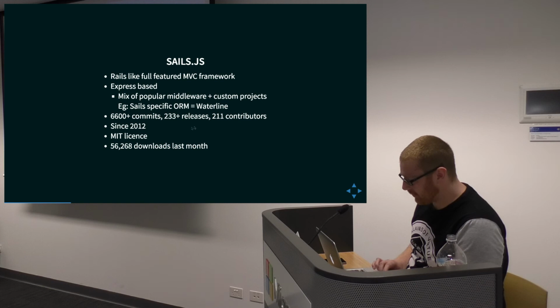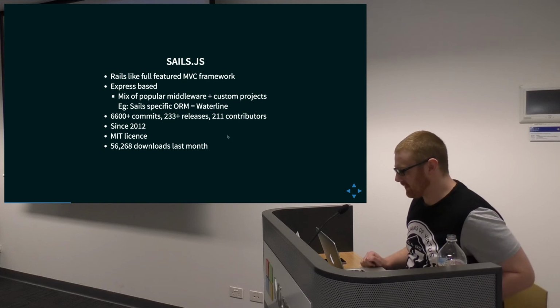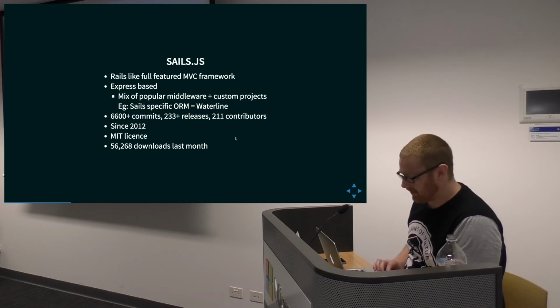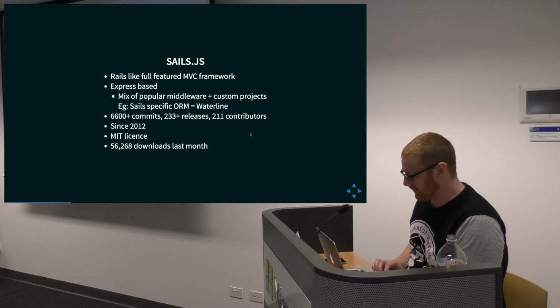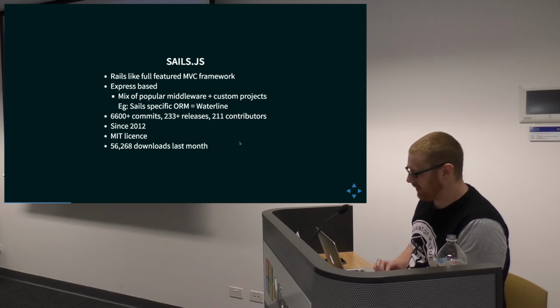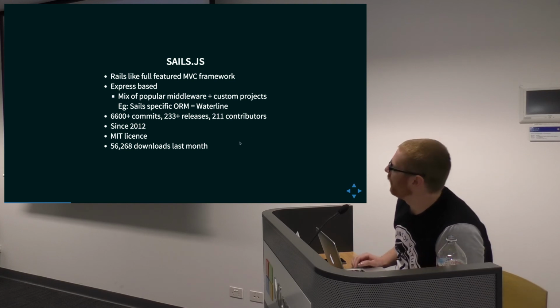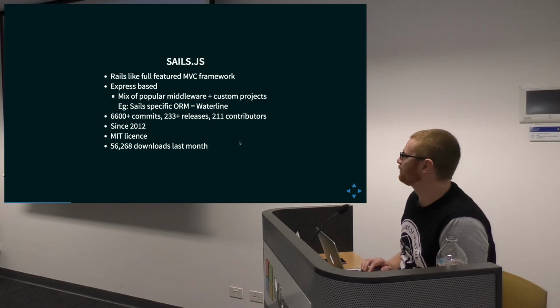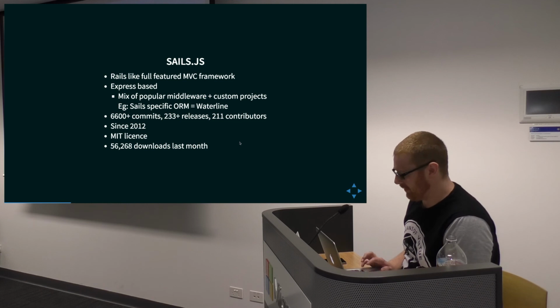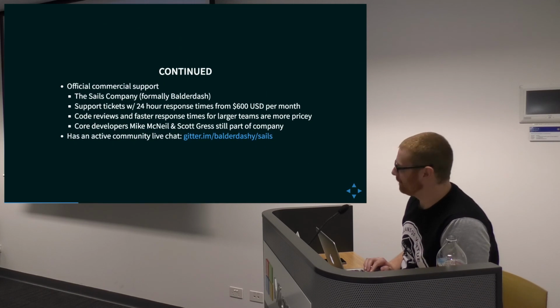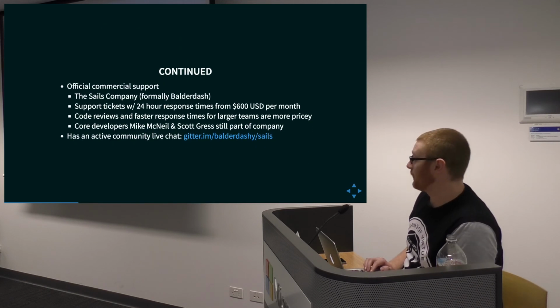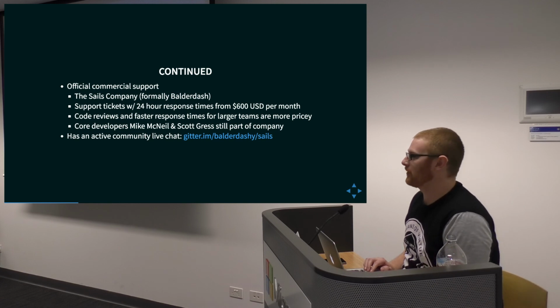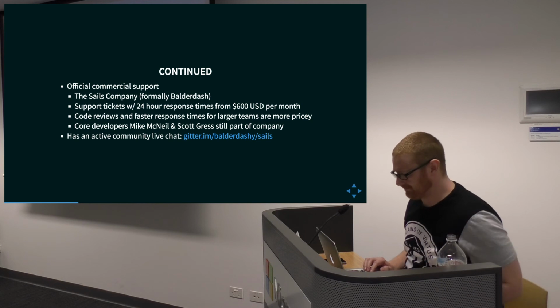And the core framework at the moment has 6,600 commits, 233 releases, 211 contributors since 2012, and 56,000 downloads last month. So it's pretty popular. It's quite up there in terms of stars on GitHub as far as JavaScript projects go, even though it's on the back end.